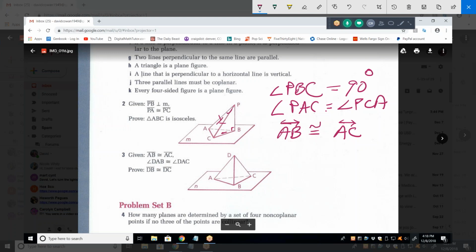Let me think about this for a moment. What does it mean about triangle PBC and triangle PAB?